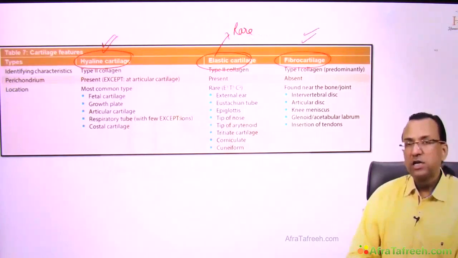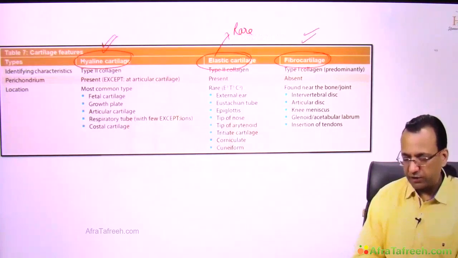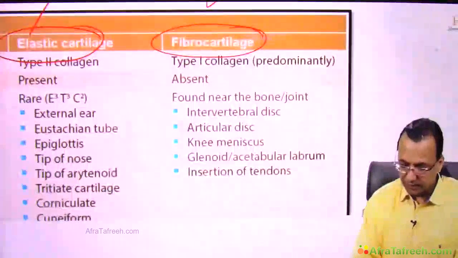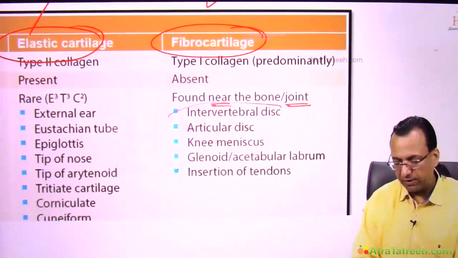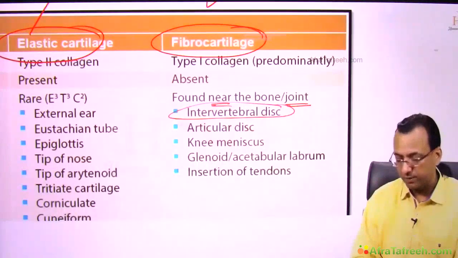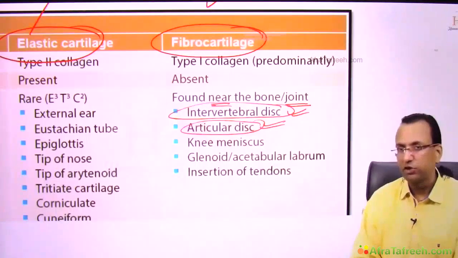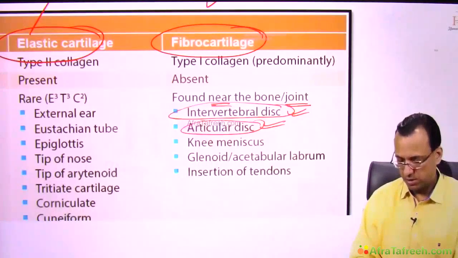Fibrocartilage we have already discussed. It is near the joints, like the intervertebral disc working like a shock absorber, and the articular disc in synovial joints between the bones. Like which bones?